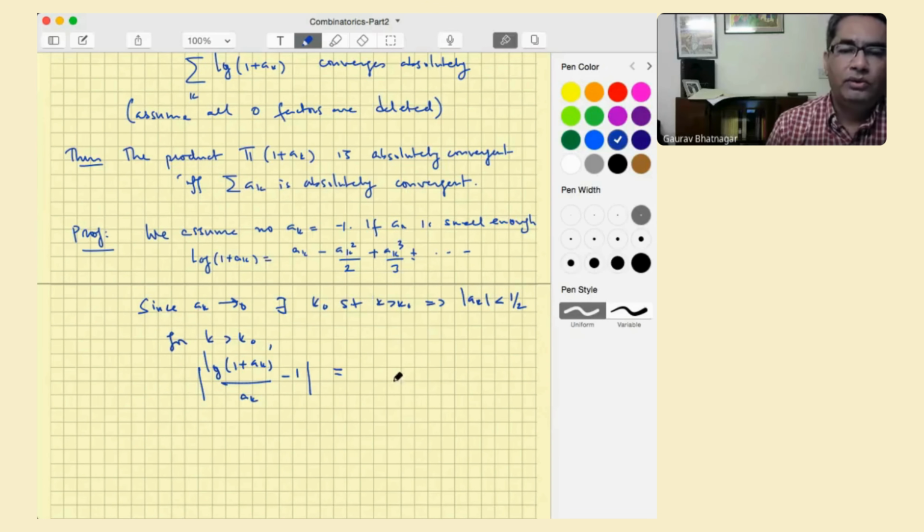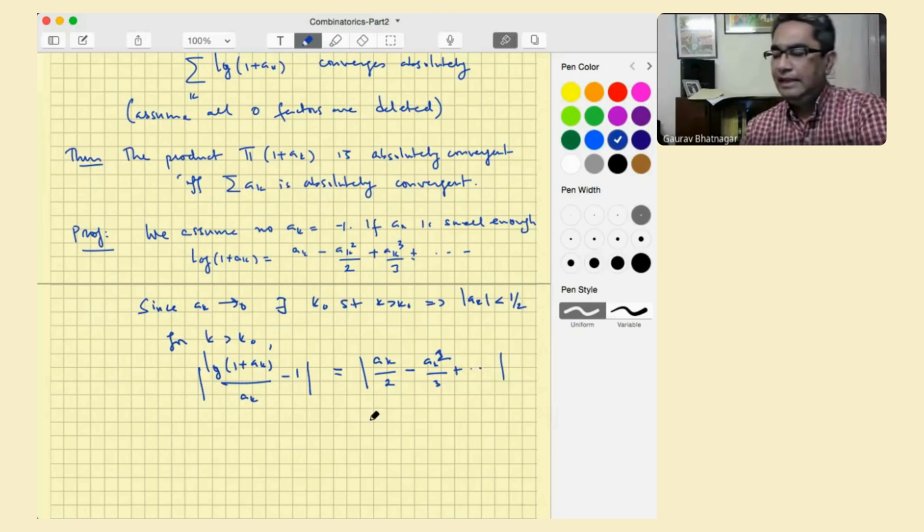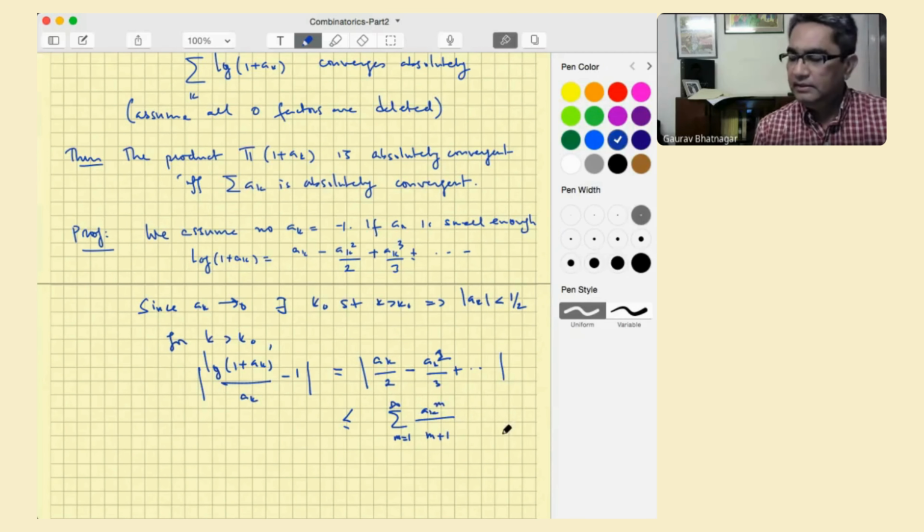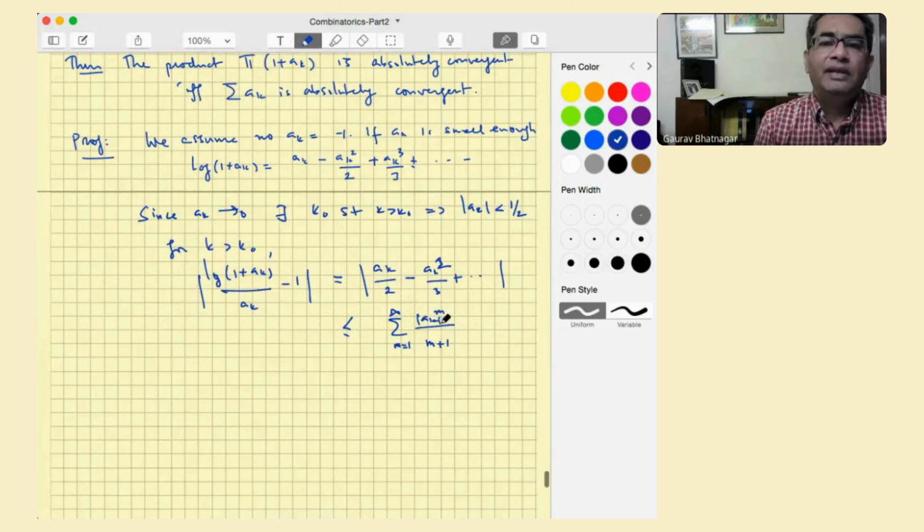And this will be equal to, well, the absolute value of this business. So a_k, I'm dividing by a_k everywhere. So a_k by 2 minus a_k squared by 3 plus and so on. And this is less than or equal to the sum of absolute value of a_k raised to the power m over m plus 1, where m is going from 1 to infinity. This is an absolute value.